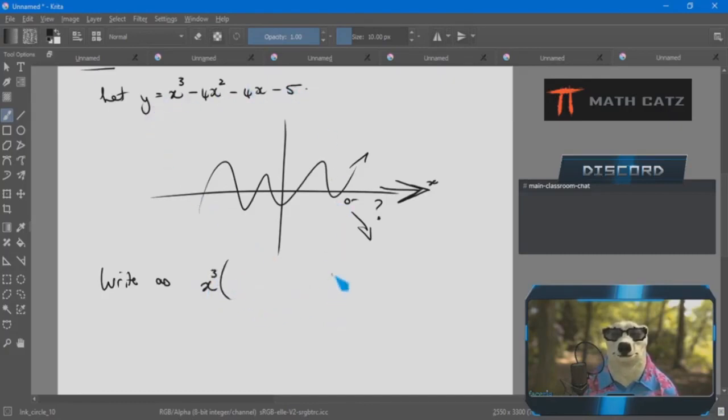Then I'm going to have to multiply with something minus something else, minus something else, minus something else, in order to get my original function back. When I multiply the x cubed in, I'm going to have to get x cubed minus 4x squared and so on back.